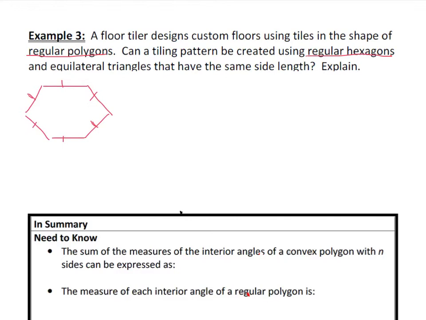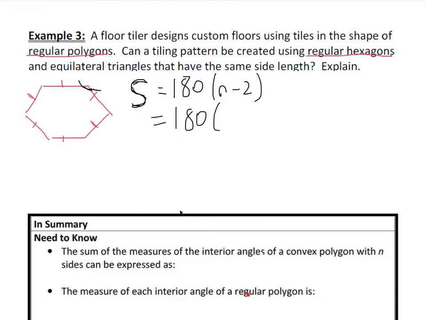So let's find out what each interior angle of the hexagon is. To do that, first we need to find out the sum of all the interior angles of a hexagon. We know that the sum of the interior angles is 180 times (n minus 2), where n is the number of sides. So it equals 180 times (6 minus 2). So the sum of all the interior angles of a regular hexagon is 720 degrees.